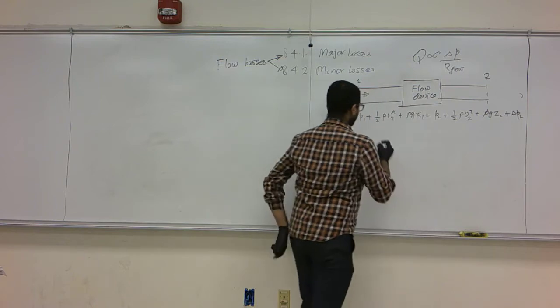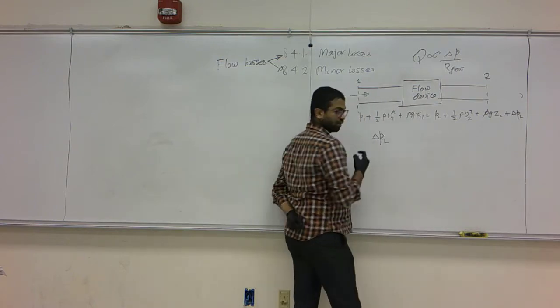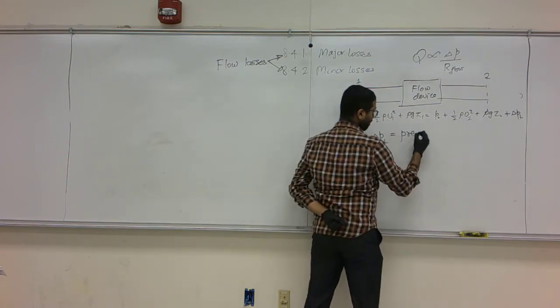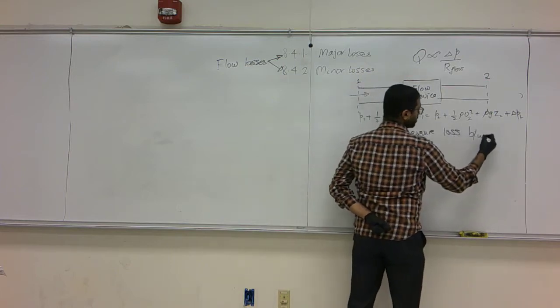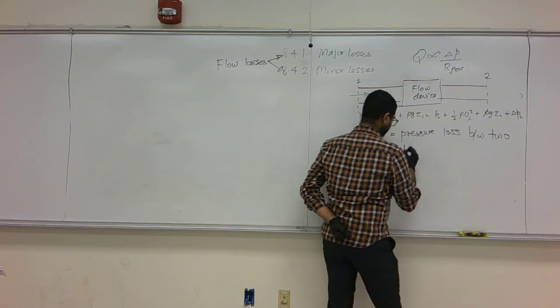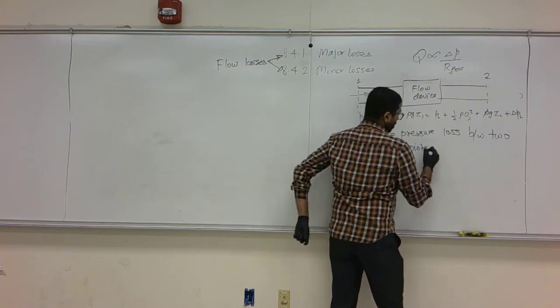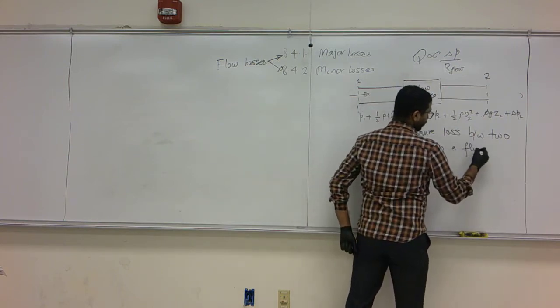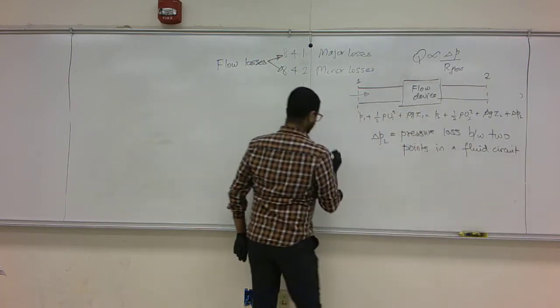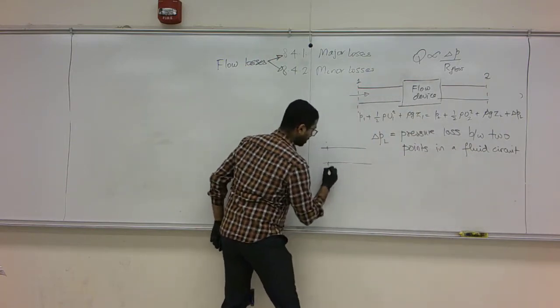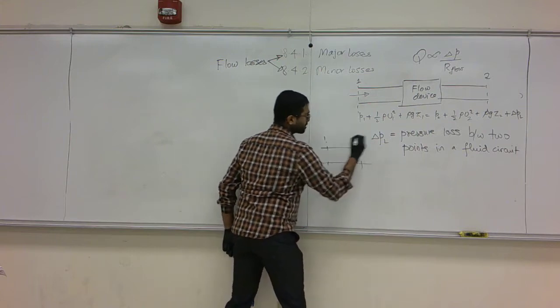Okay, delta PL is the pressure loss between 2 points in a fluid circuit. It could be 2 points that are just along a pipe section.